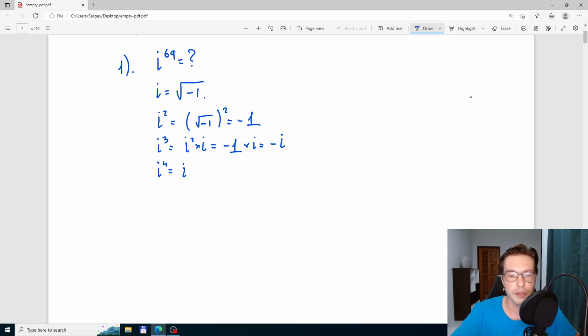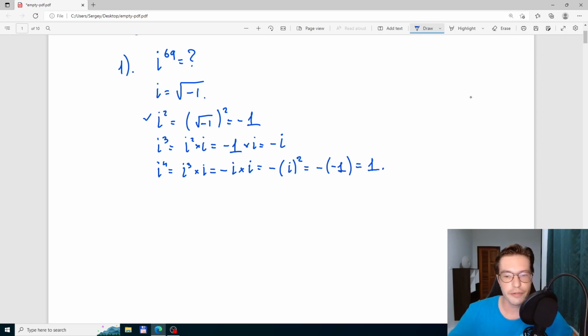That would be I cubed times I. And we know that I cubed equals minus I, and we have to multiply it by I, which gives us minus I squared. And I squared is minus 1. So we got minus minus 1. Minus and minus will give us plus, so we get 1.